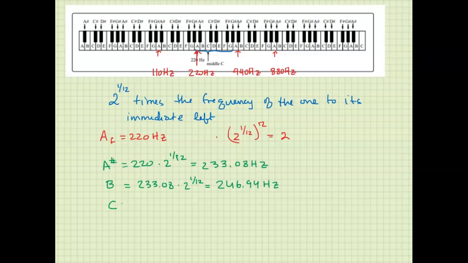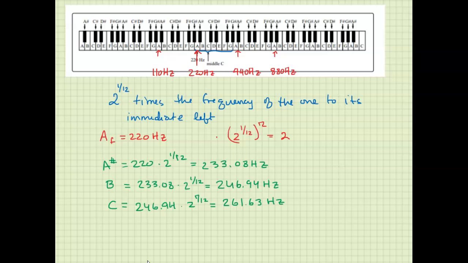If I want the frequency of the middle C, it's going to be 246.94 times 2 to the 1 over 12, which is 261.63 hertz.